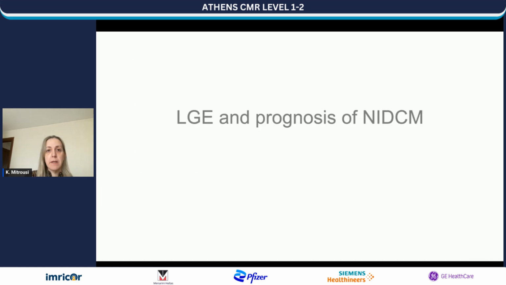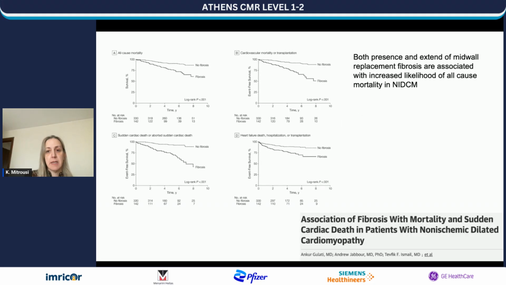So there are quite a few studies regarding the role of late gadolinium enhancement and prognosis of non-ischemic dilated cardiomyopathy. This one is from Gulati et al., which shows that both presence and extent of mid-wall replacement fibrosis are associated with increased likelihood of all-cause mortality in non-ischemic dilated cardiomyopathy.